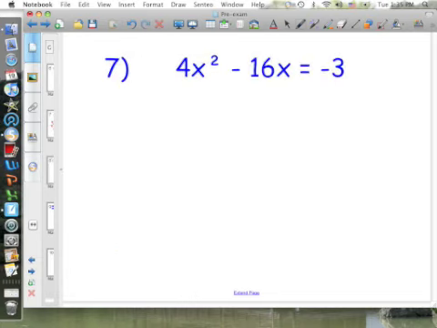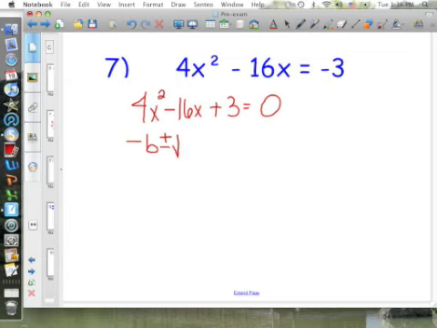Number 7, again, you must set equal to 0. This, however, is not a problem that can be factored, so we're going to use the quadratic formula.